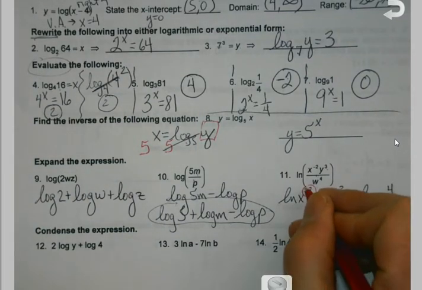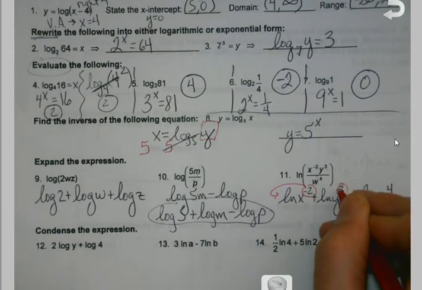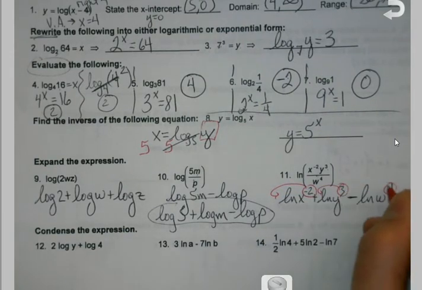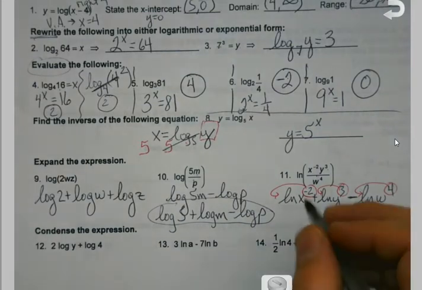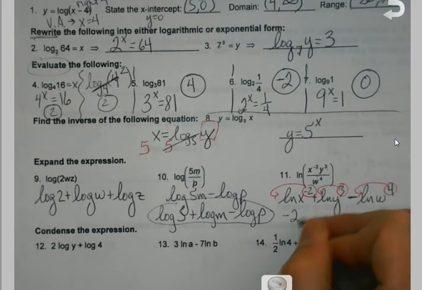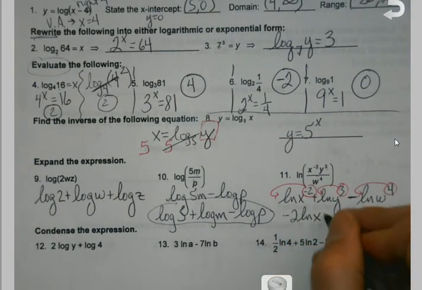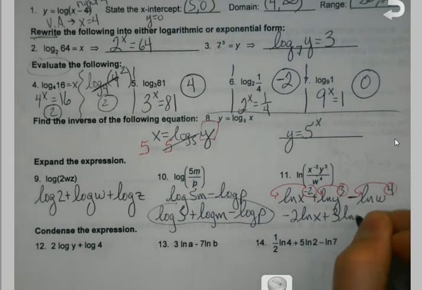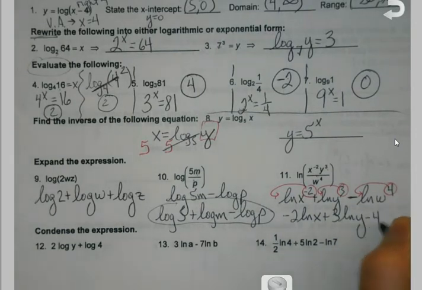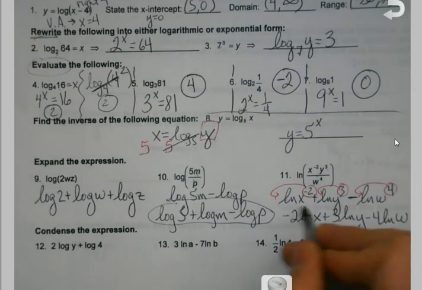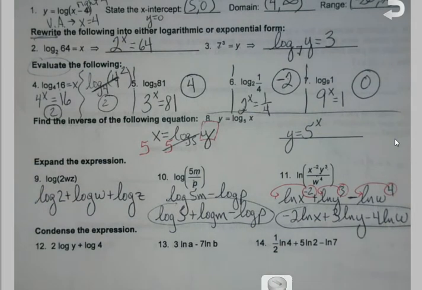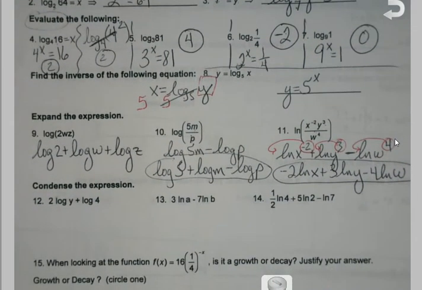And then when I'm trying to expand, my exponents become coefficients. And once I hit that last step in dealing with all those exponents, I'm good to go. I'm done.